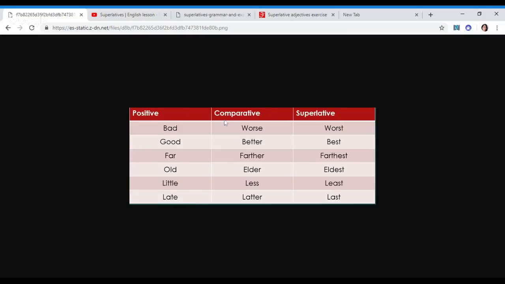When you use them as comparatives, you write worse for bad, better for good, farther for far, elder for old, less for little, and later for late. When you use the superlative, you write worst, best, farthest, eldest, least, and last.